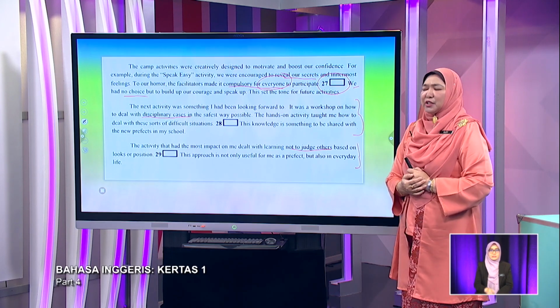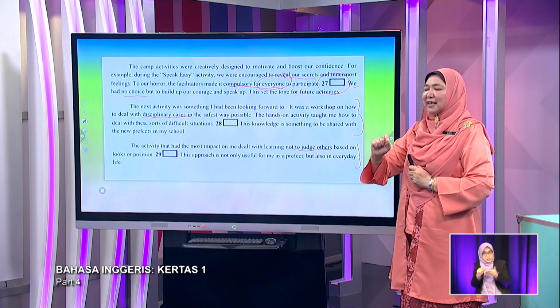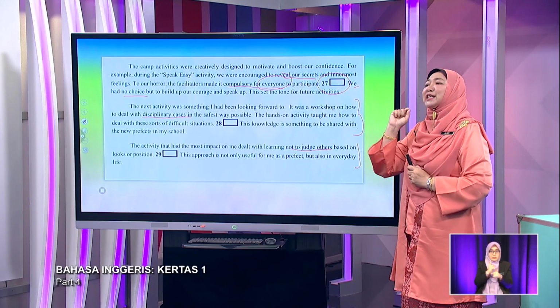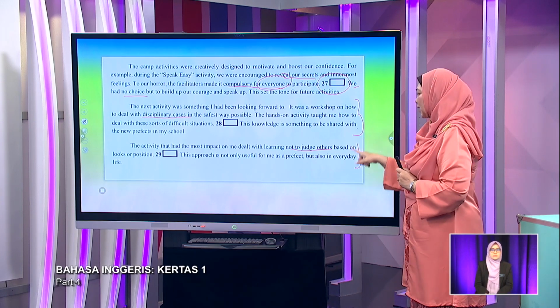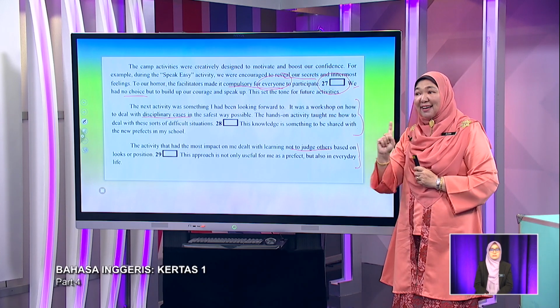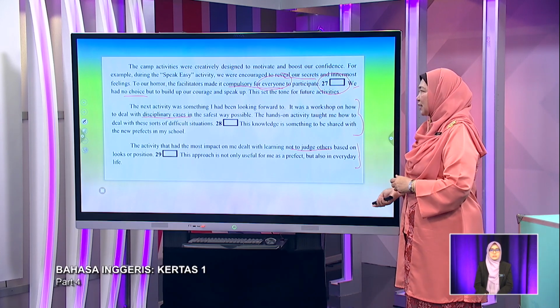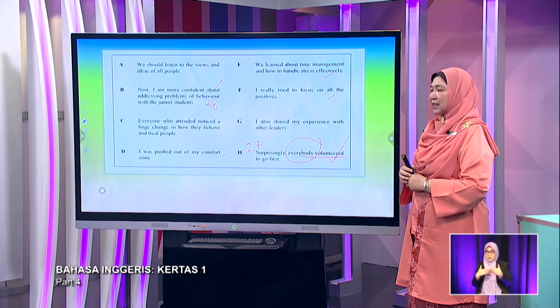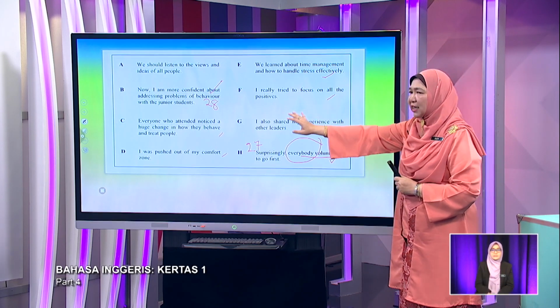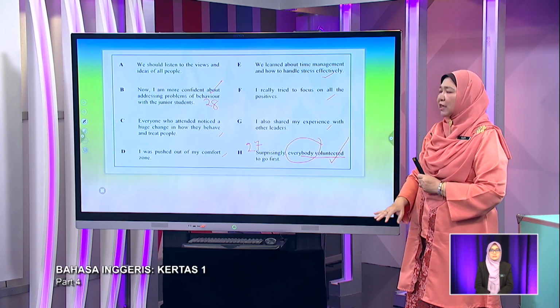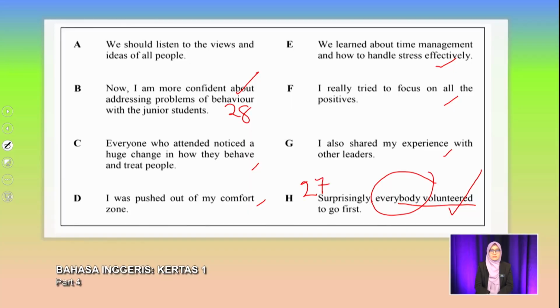Okay? You don't judge people by their looks or their position. So this is what this paragraph is telling us. So let's look at the options given. So we have 27, 28. So once again, we look at the options. Okay.